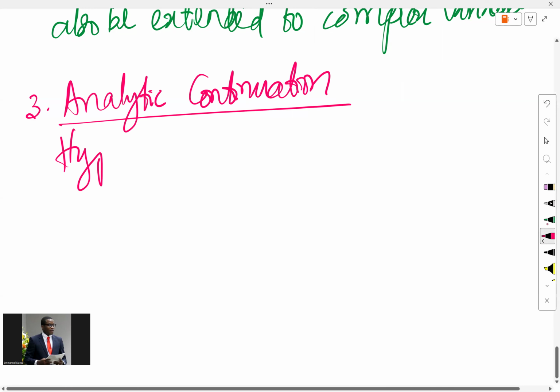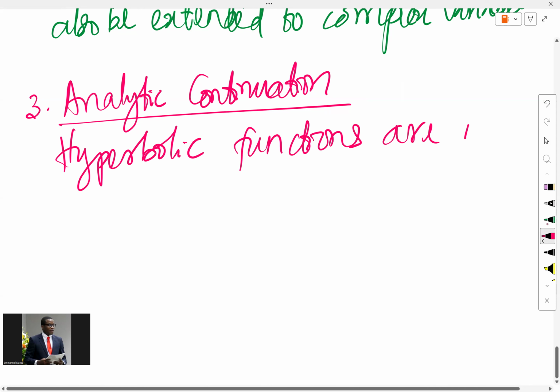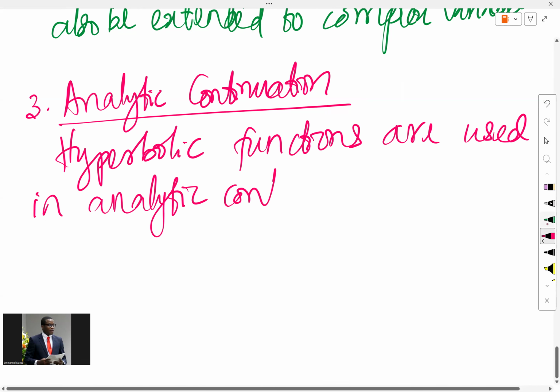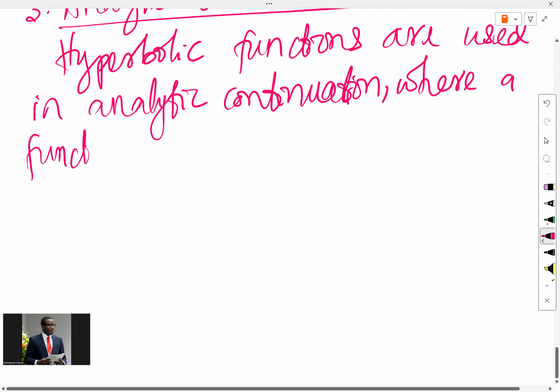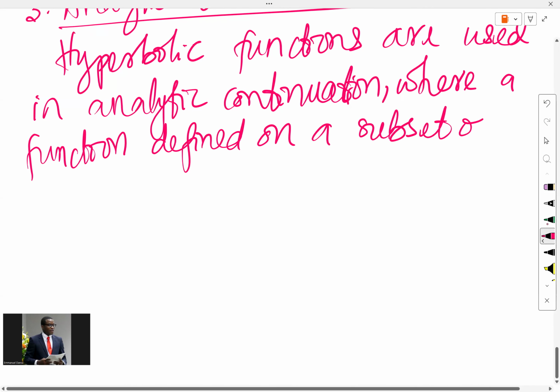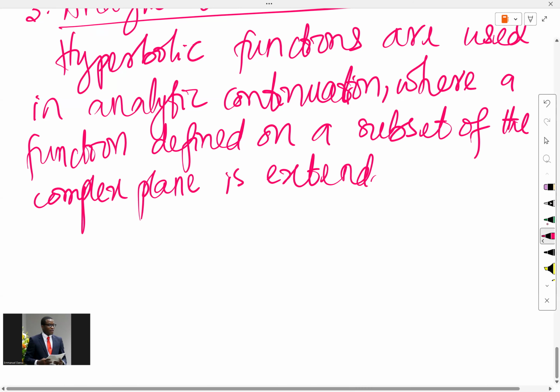So hyperbolic functions are used in analytic continuation, where a function defined on a subset of the complex plane is extended to a larger domain.